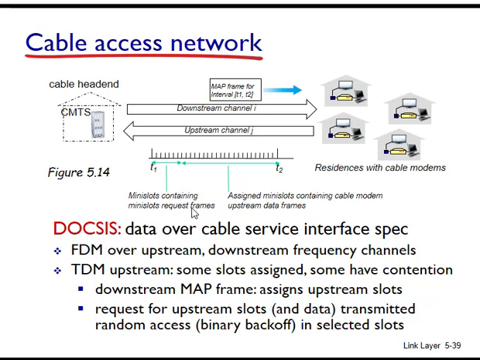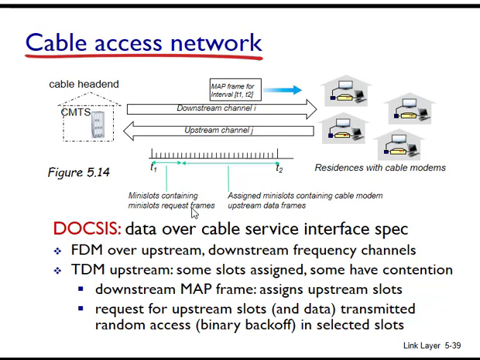It accomplishes this by sending a control message, known as a MAP message, on a downstream channel to specify which cable modem with data to send can transmit during which mini-slot for the interval of time specified in the control message. Since mini-slots are explicitly allocated to cable modems, the cable modem termination system can ensure there are no colliding transmissions during a mini-slot.